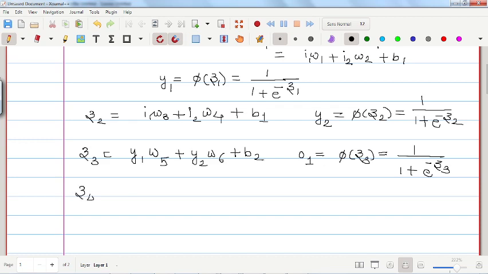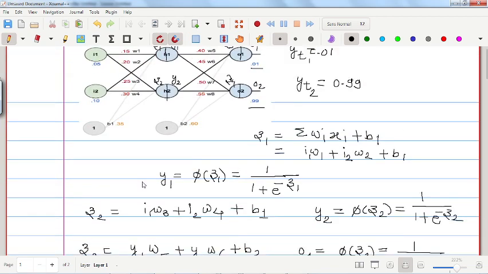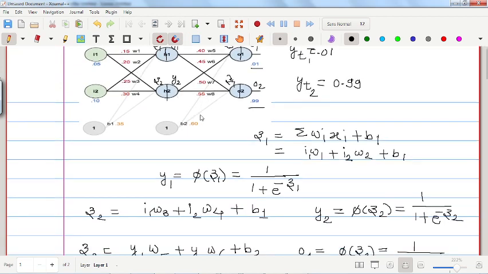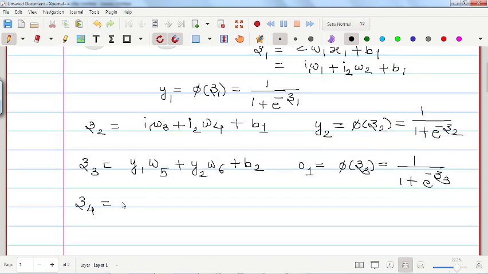Similarly, find Z4, the net input, that weighted sum. Let me show you again. For Z4 the connected weights are W7 and W8. W7 is with Y1 and W8 with Y2. So Z4 equals Y1 into W7 plus Y2 into W8 plus bias B2.